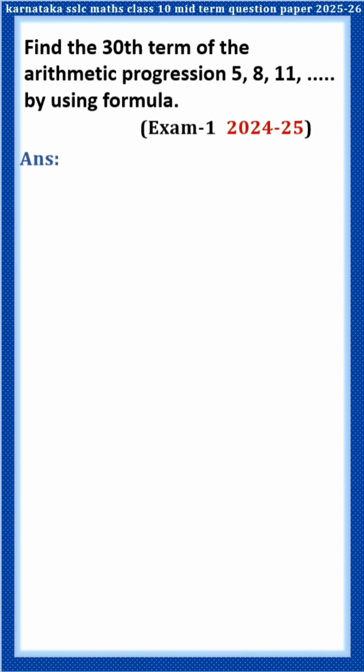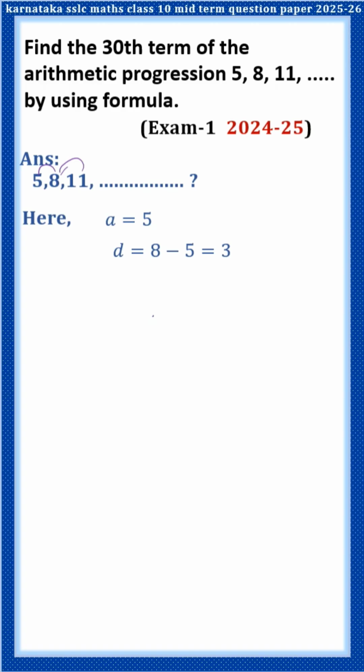Now let us solve it. The given progression is 5, 8, 11, and so on. Here A is equal to 5, D is equal to 8 minus 5, that is 3, 11 minus 8, that is also 3. So the common difference is 3.